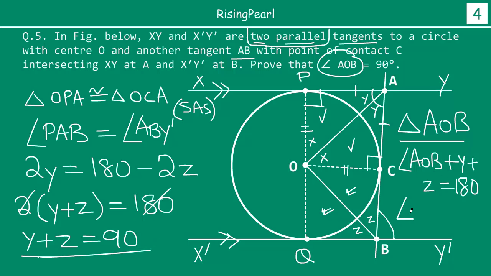That means that angle AOB must be equal to 90 degrees, and hence we have proven the fact that this angle is indeed 90 degrees.